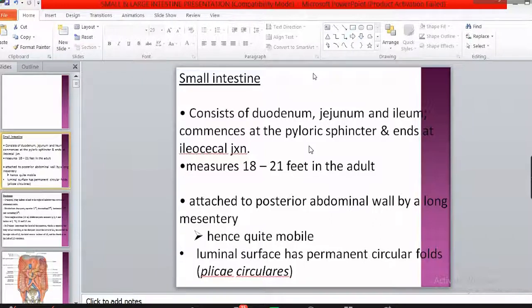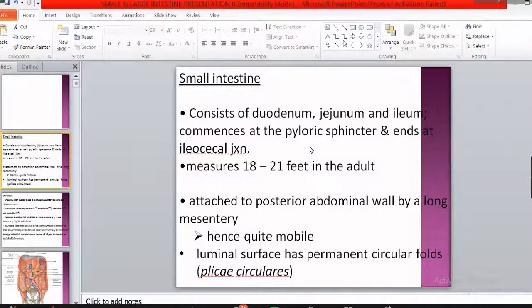Those are congenital abnormalities which occur during the time of development. Now, the small intestine consists of duodenum, jejunum, and ileum.